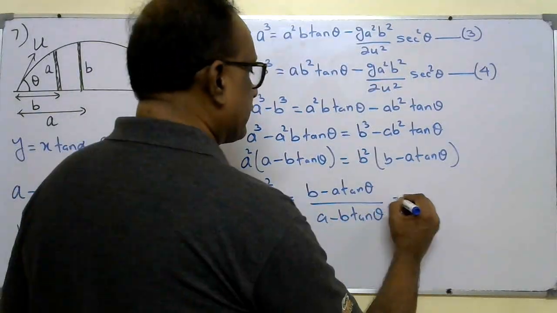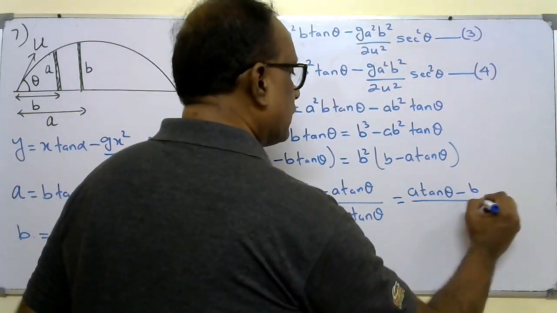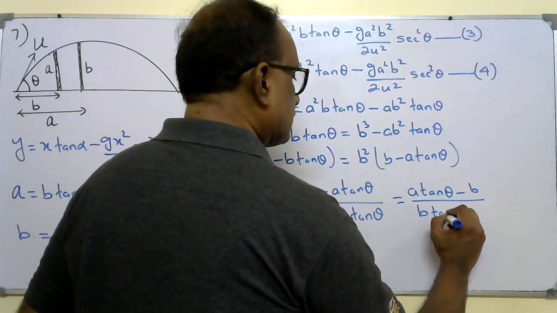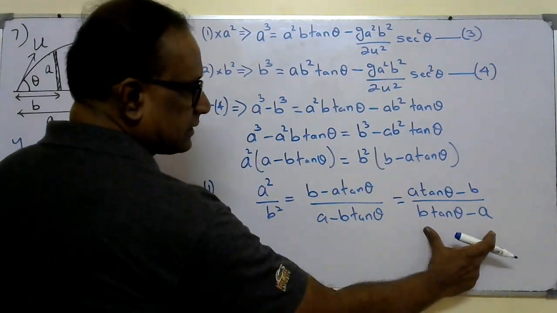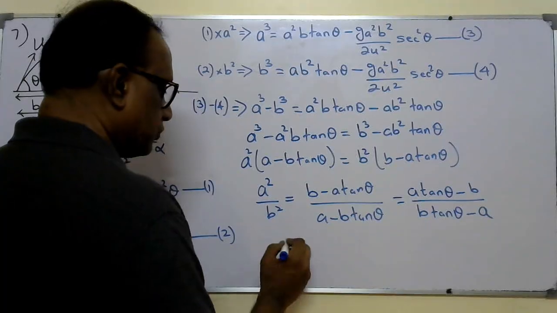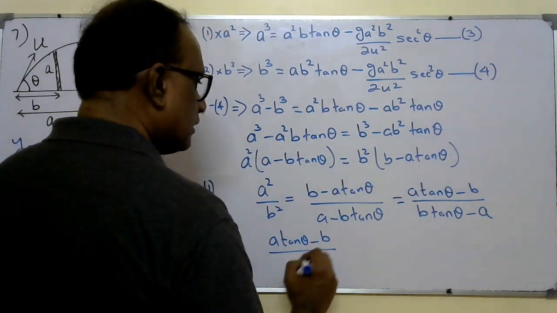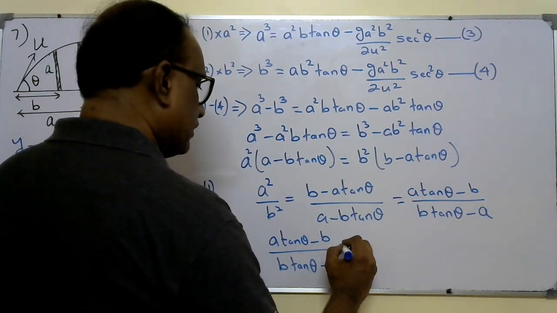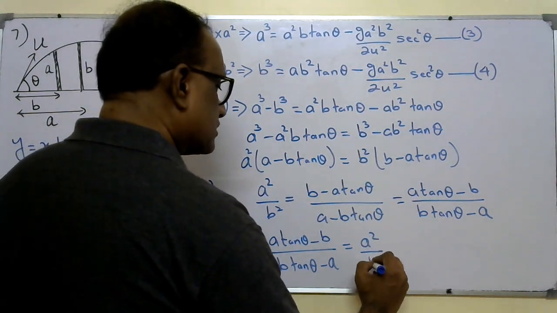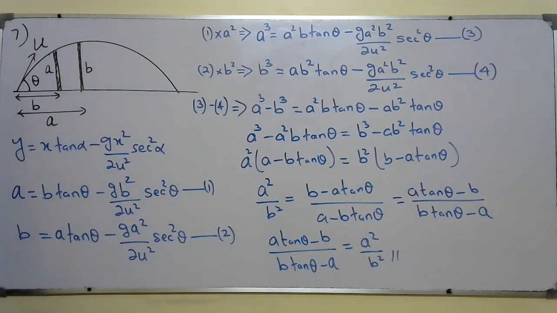If I multiply by minus 1, I will get a tan theta minus b over b tan theta minus a equal to a squared over b squared. That's the question. We got the answer. So see the answer and think what you should do to get that answer.